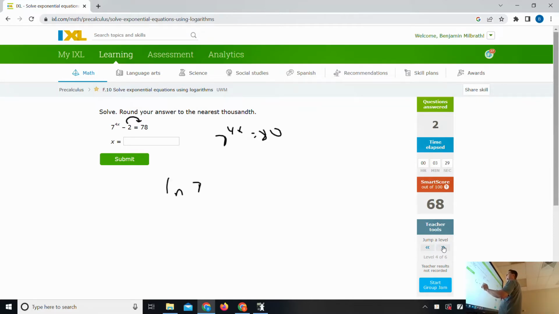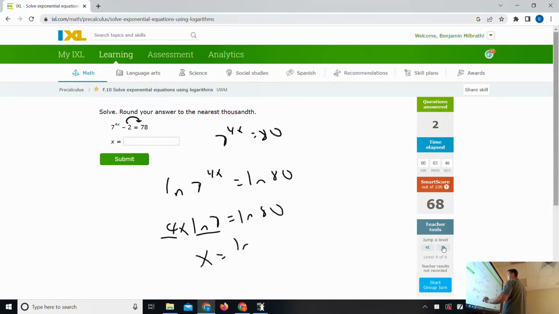The natural log of 7 to the 4x must equal the natural log of 80. Your 4x is allowed to be moved out front. 4x natural log of 7 is the natural log of 80. And we're going to divide by two things, the 4 and the natural log of 7. So x is the natural log of 80 over 4 natural log of 7. And that's going to be my answer. 100% going to be my answer.